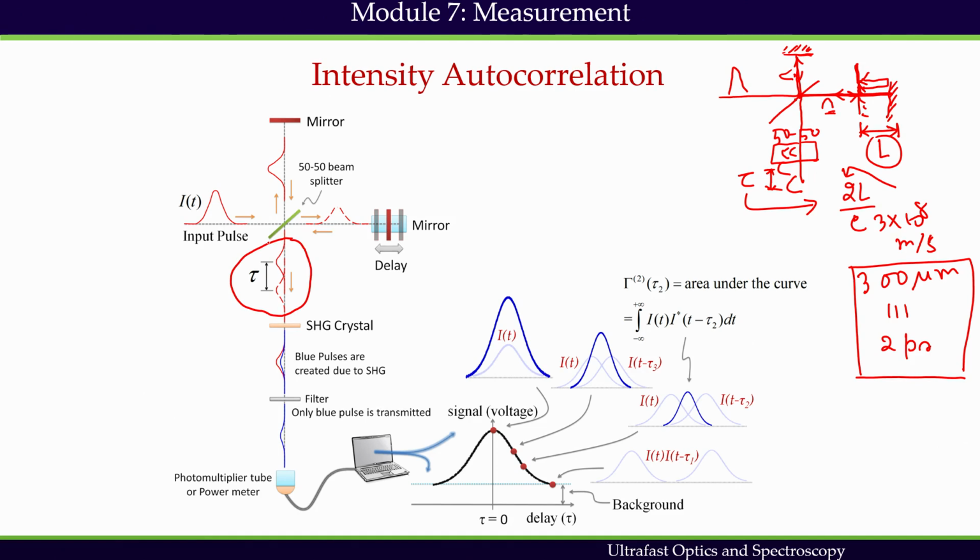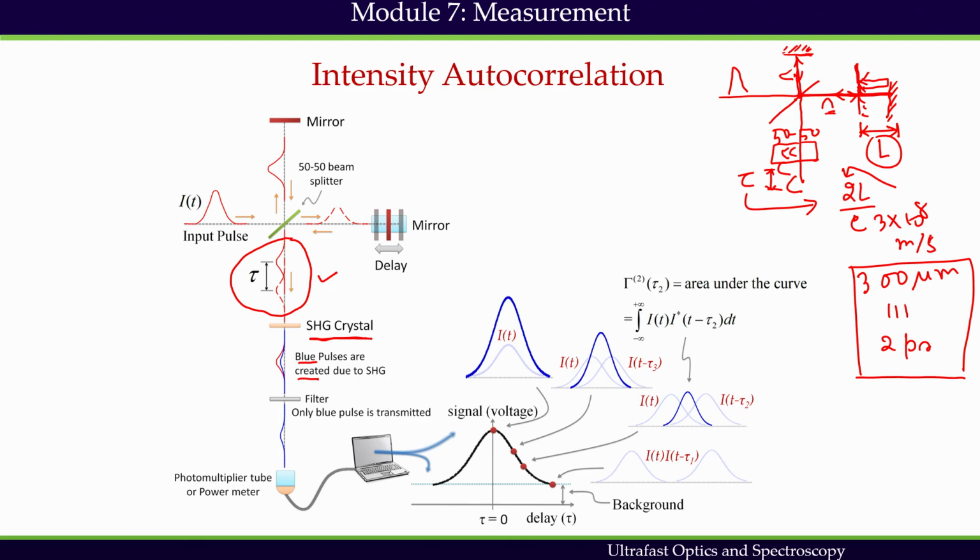They have tau delay, and we have inserted now one SHG crystal, second harmonic generation crystal. Because these two beams are coming collinear, each beam will produce second harmonics, as well as there will be coherent generation of the second harmonic due to action, joint action of two beams as well.